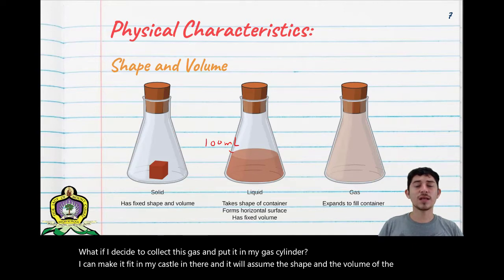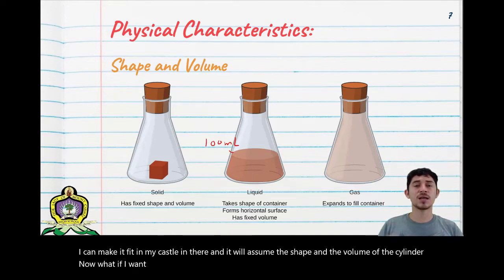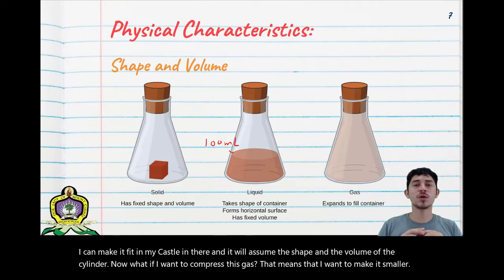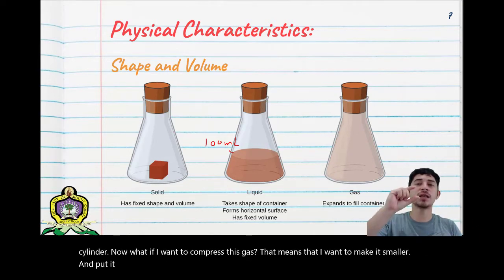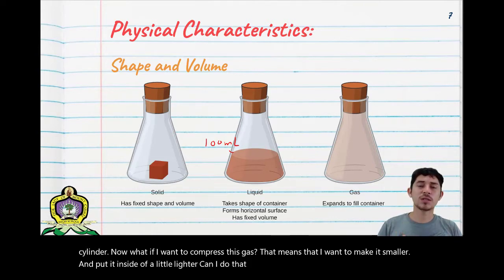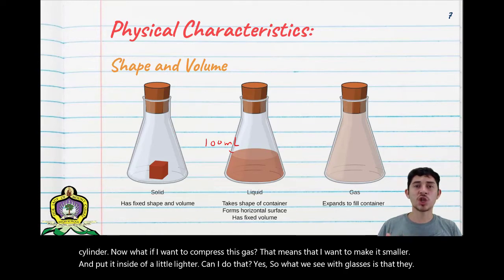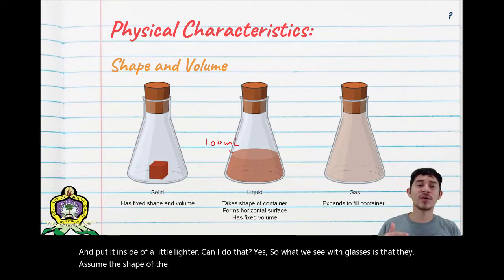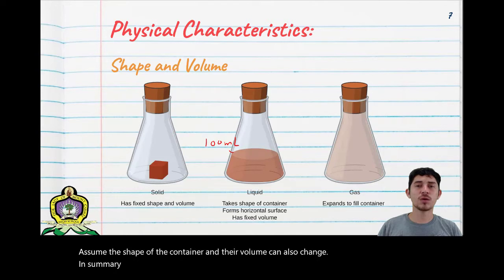Now, what if I want to compress this gas? That means that I want to make it smaller and put it inside of a little lighter. Can I do that? Yes. So what we see with gases is that they assume the shape of the container and their volume can also change.